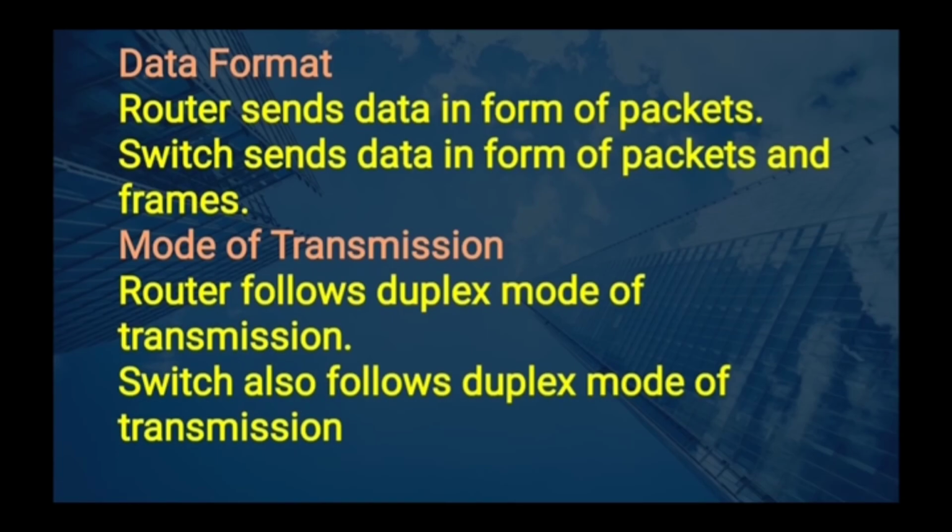Data format: router sends data in the form of packets, switch sends data in the form of packets and frames. Frames, as I told you, are what the packet becomes when we subdivide it into more parts. Mode of transmission: duplex mode in the router, whereas switch also follows duplex mode, unicast and multicast.